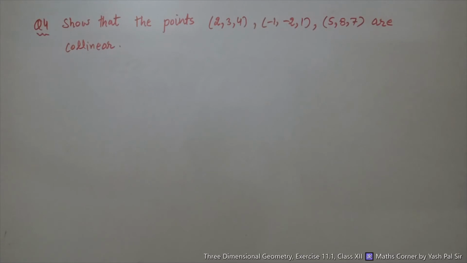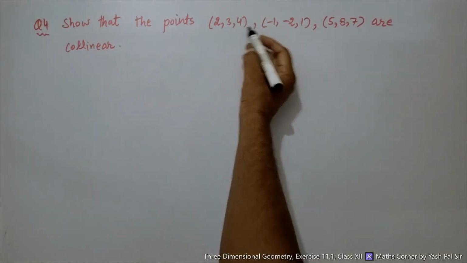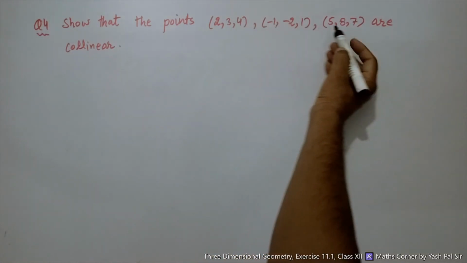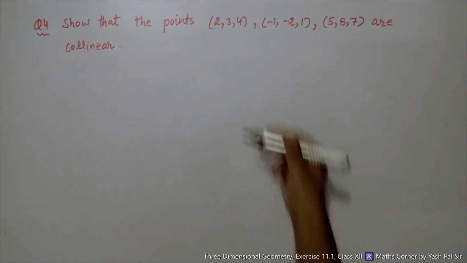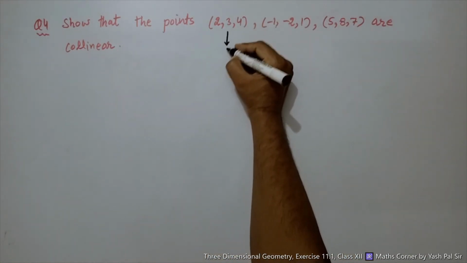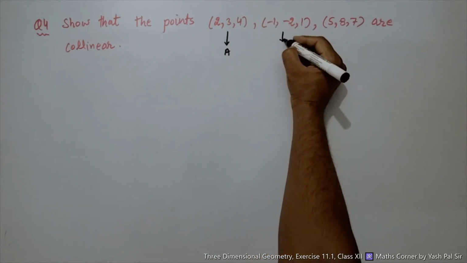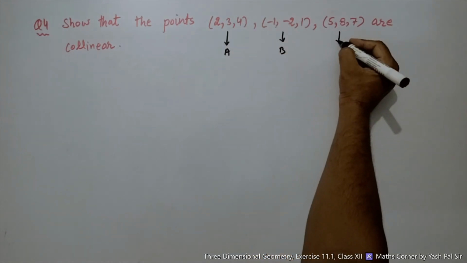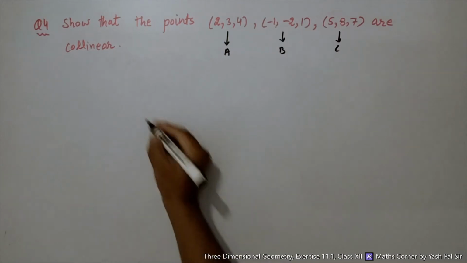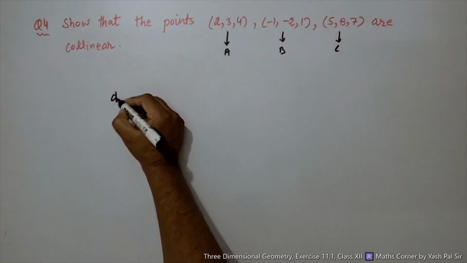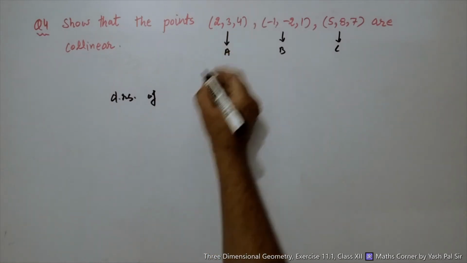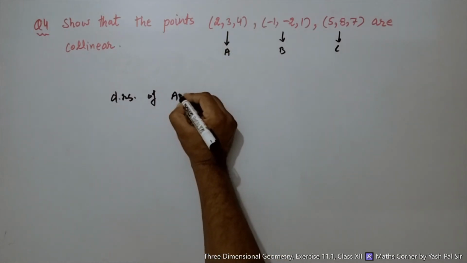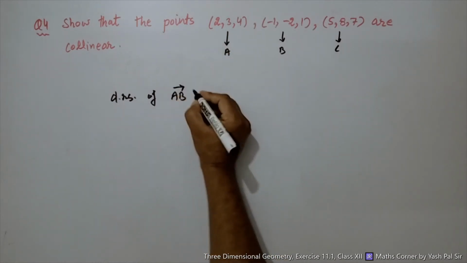Our next question is, show that the points 2, 3, 4, -1, -2, 1, and 5, 8, 7 are collinear. We name these points. Suppose this is the point A, this is the point B, and this is the point C. So we find the direction ratios of the line segment joining the points AB.